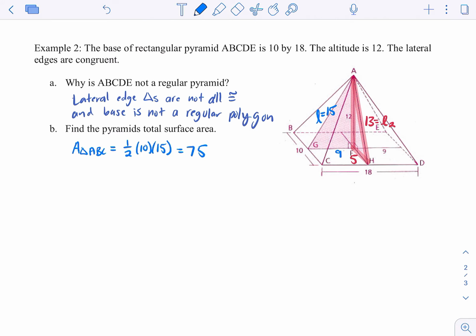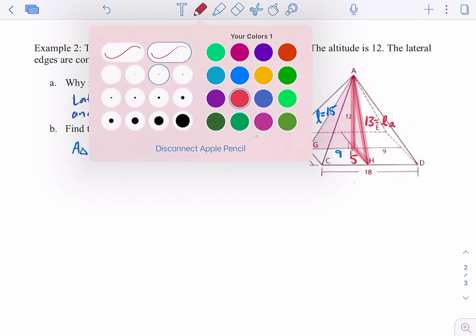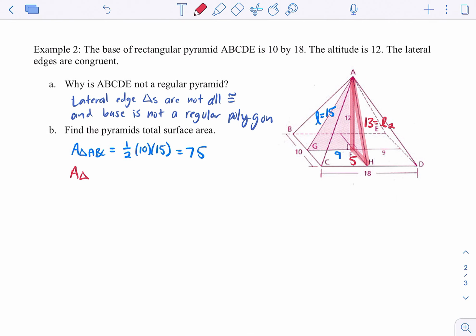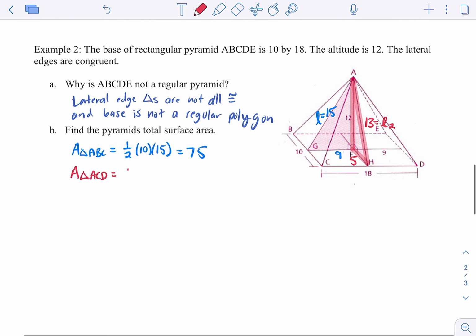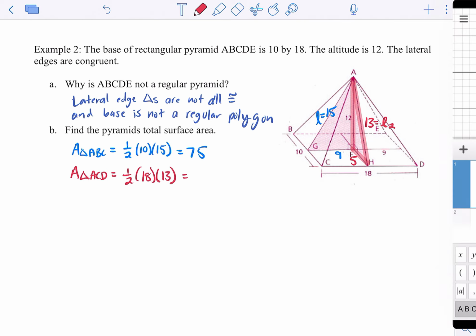And then the other triangle, triangle ACD, that would be half of its base of 18 times the slant height that we found of 13. Half of 18 is 9, and 9 times 13 would be, I think, 117.